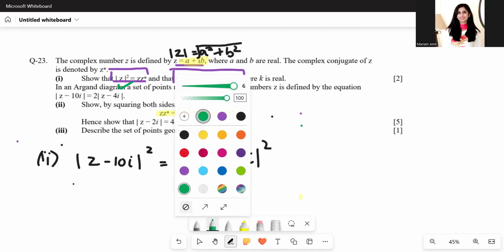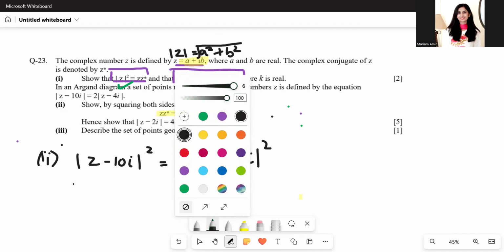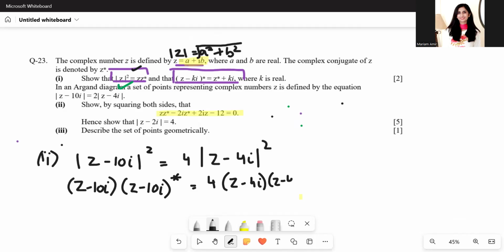So we're going to write z minus 10i times z minus 10i conjugate equals 4 times, again the same identity, z minus 4i times z minus 4i conjugate.